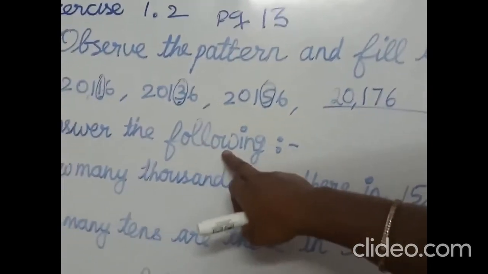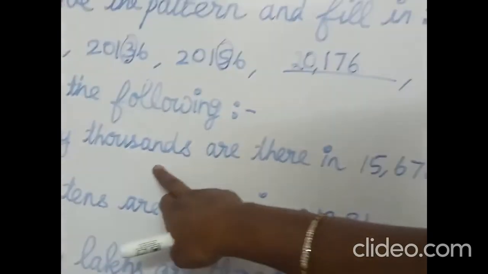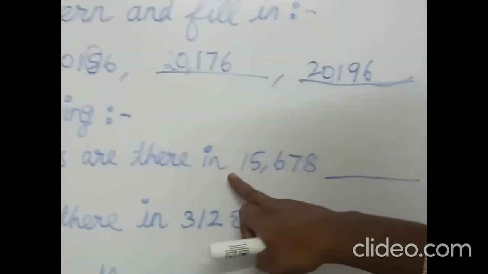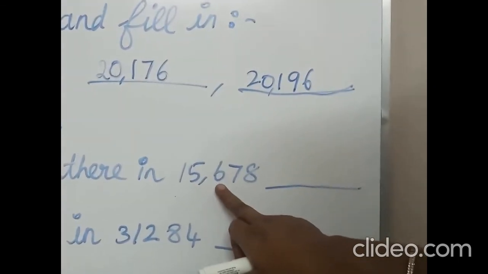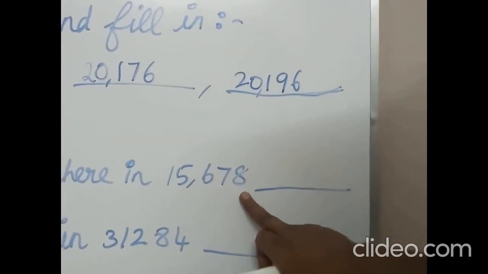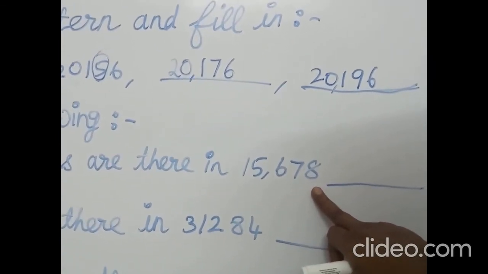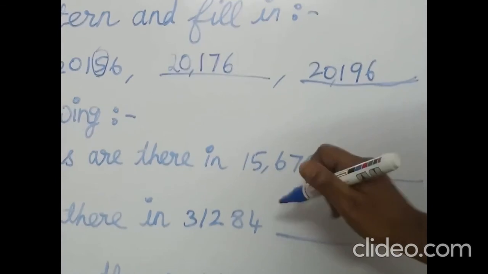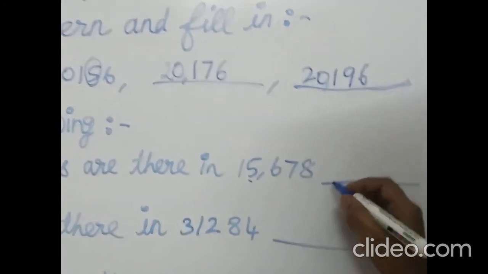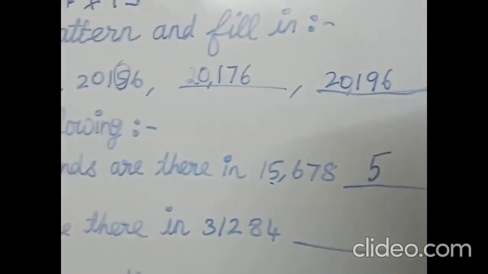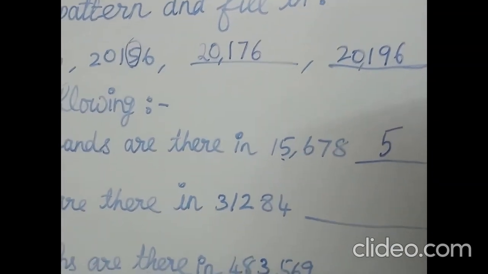Coming to the H. Answer the following. How many thousands are there in 15,678? So they are asking us how many thousands are there. See the thousands place. Where is the thousands place? Here. We have a 5,000. So 5,000s are there.